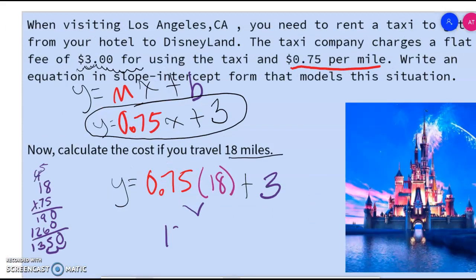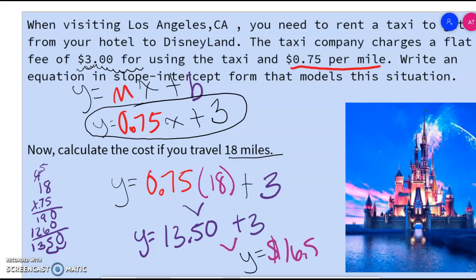All right, did you get 13.5 or 13.50? Perfect. If I add the $3 fee for just stepping into the taxi, how much money is it going to cost me to travel 18 miles? Well, it's going to cost me $16.50. Woohoo! Let's go to the next one.